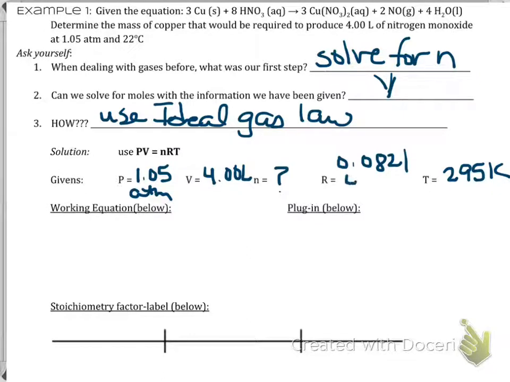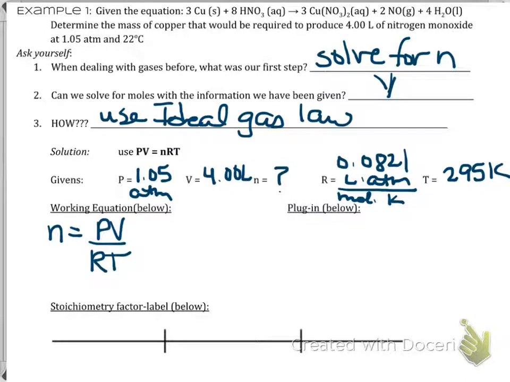Remember, that unit is liters times atmospheres over moles times kelvins. That whole thing was the unit. So my working equation from PV equals nRT, if I'm solving for n, is going to be PV over RT.